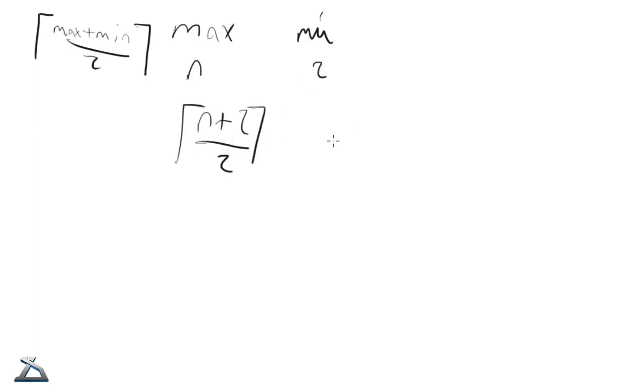Now, the thing about this is that if the value is odd, it's going to be n plus 2 if it's odd. If it's not odd, I should say n over 2, n over 2 plus 1 if it's even.